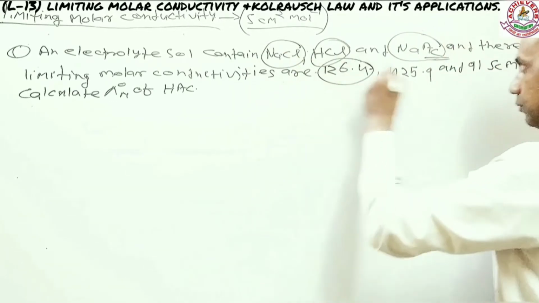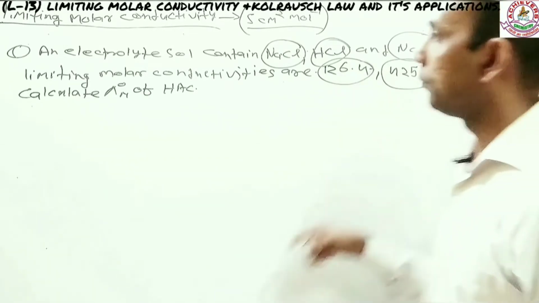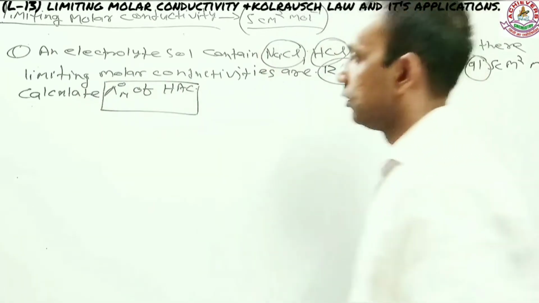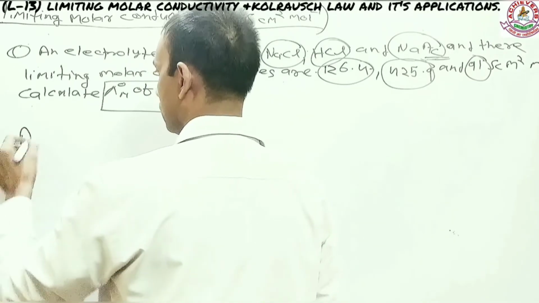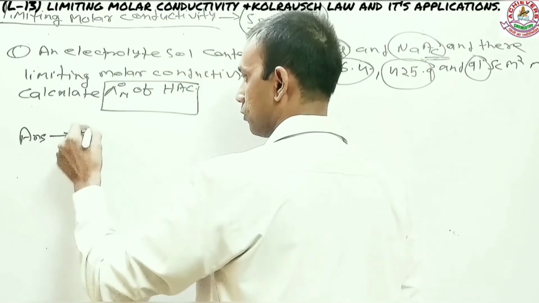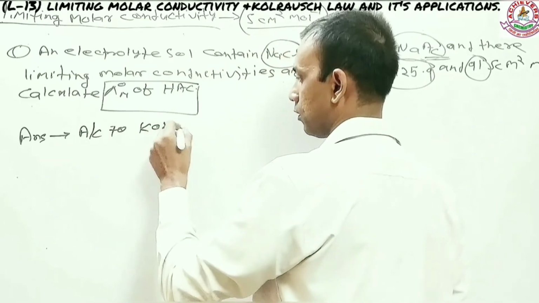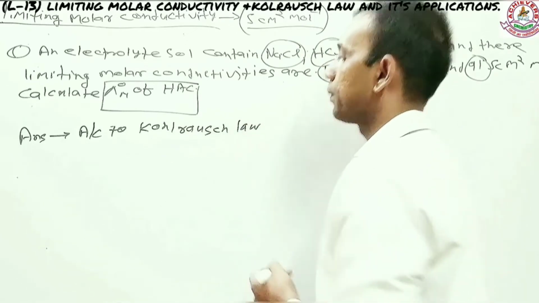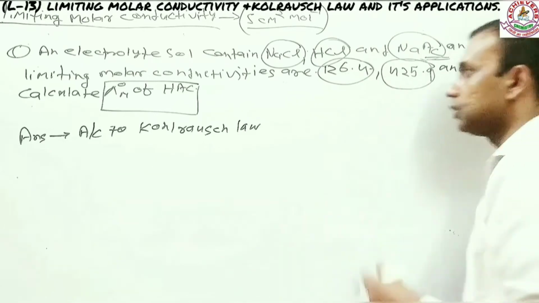Their conductivities have been given and you have to use them to find the molar conductivity of this one. So according to Kohlrausch law, we will add some of these three electrolytes.